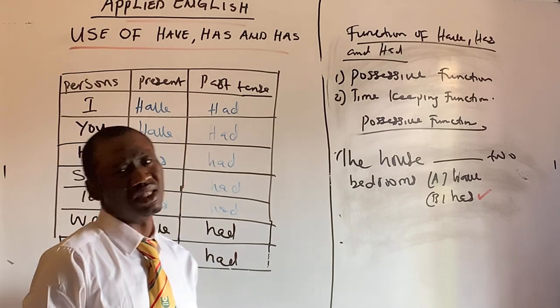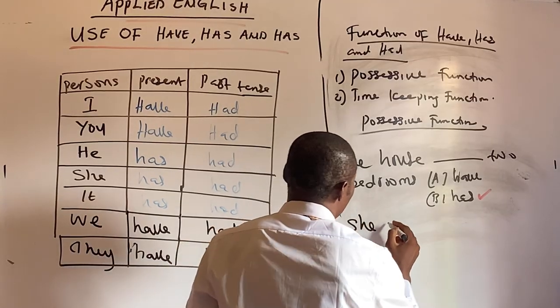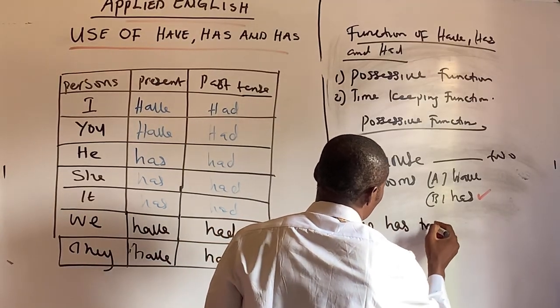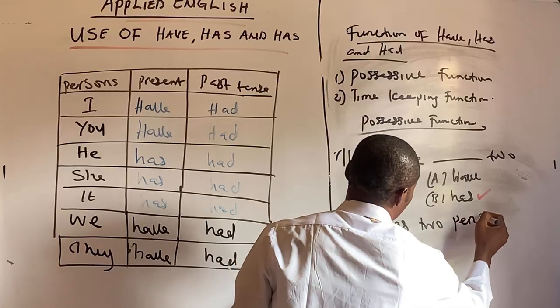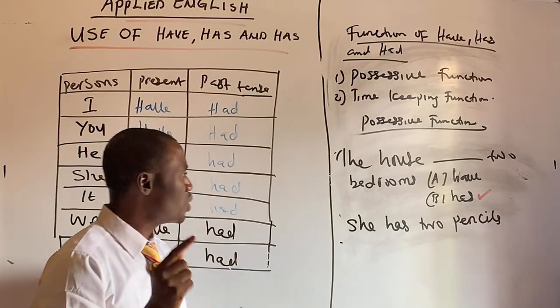Just like the former example we gave you. We said that she or he has 2 pencils. All right? She has 2 pencils.